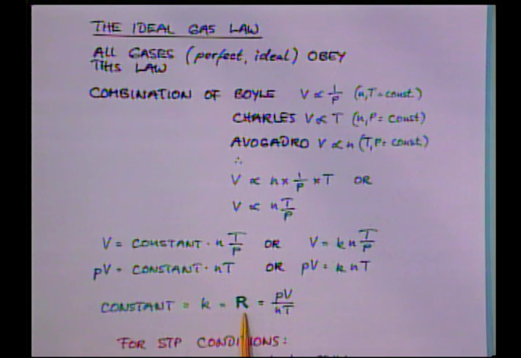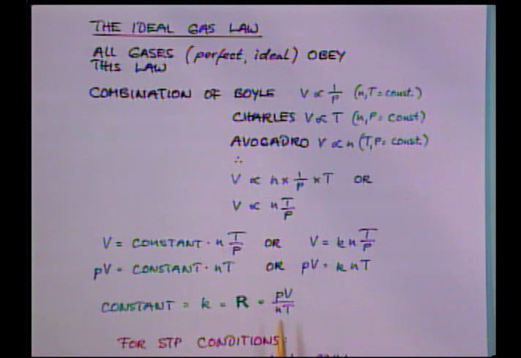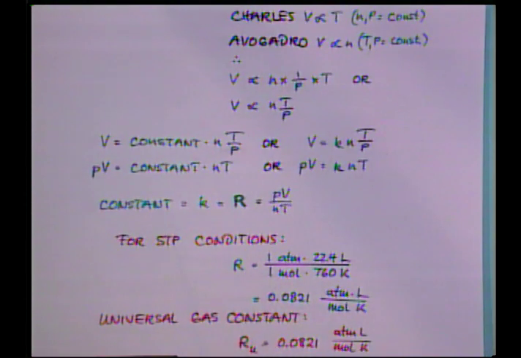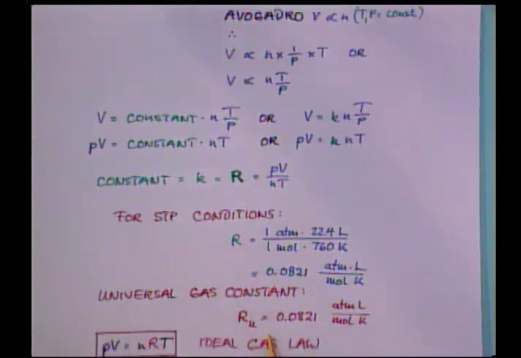So K is now big R, and that can be calculated easily out of standard variables for pressure, volume, n and T. So for STP conditions, remember what STP conditions were? 1 atmosphere for pressure, 22.4 liters for molar volume per mole, and 0 degrees centigrade, which has to be converted to Kelvin, which is 273. And if we compute that, we get 0.0821 in a rounded form for R. So it's called the universal gas constant.